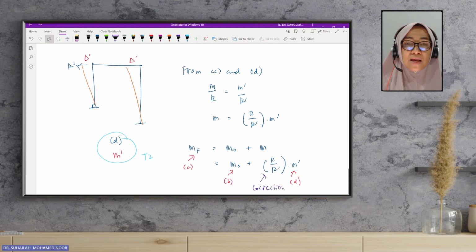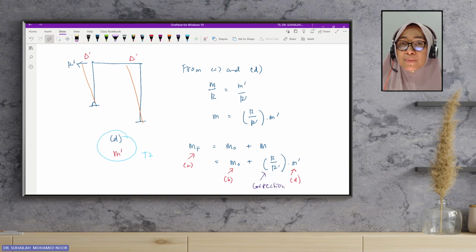Since A is equal to B plus C, and A is the final end moment, B is M naught, and C is M, we just substitute M here. So we get MF is equal to M naught plus R divided by R prime times M prime. That's the concept of fixed end moment.